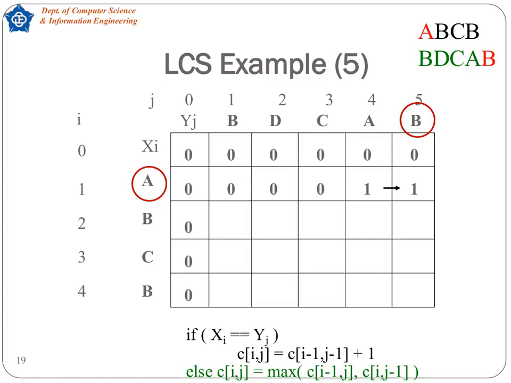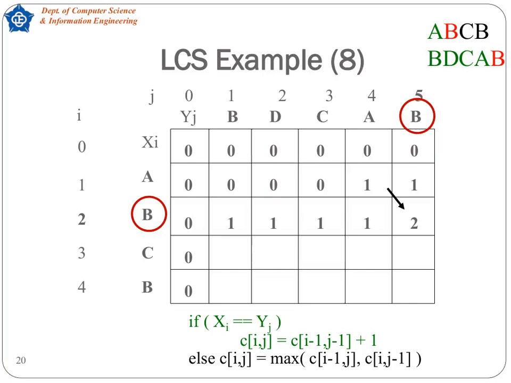We take the maximum of the cell above, C[0,5] equals 0, and the cell to the left, C[1,4] equals 1. That gives us C[1,5] equals 1, effectively carrying forward the best subsequence length found so far. This perfectly matches the formula below. If the characters don't match, C[i,j] equals max of C[i-1,j] and C[i,j-1].